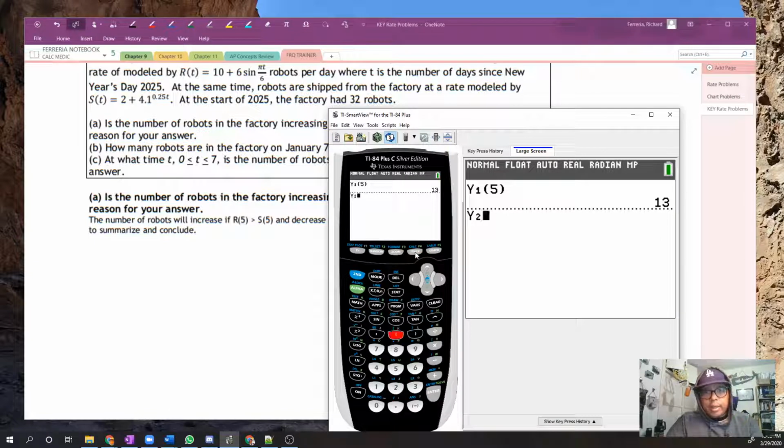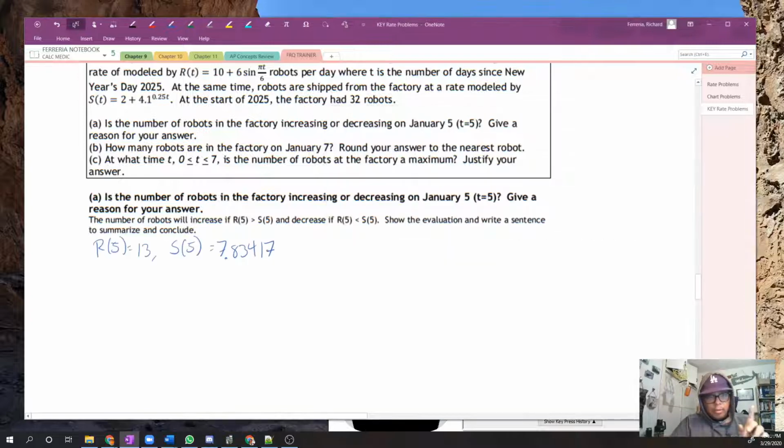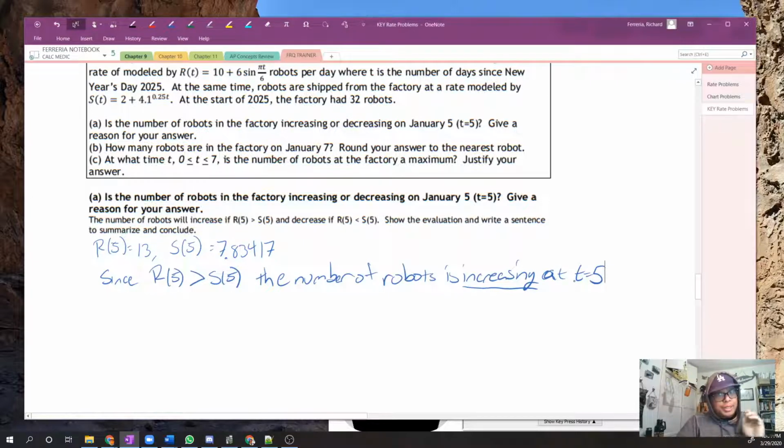And let's take a look at y2, which is S. 7.83417. Great. R(5) is 13. S(5) is 7.834. Since R(5) is greater than S(5), the number of robots is increasing at t equals 5. Remember, vice versa would be true. If R was less than S, then the number of robots would be decreasing.